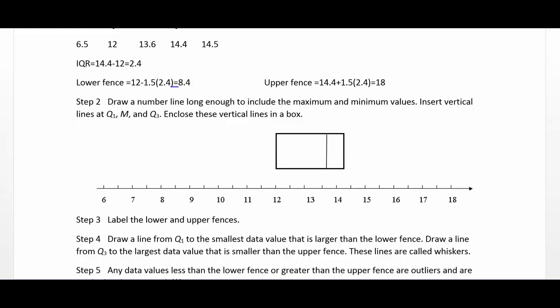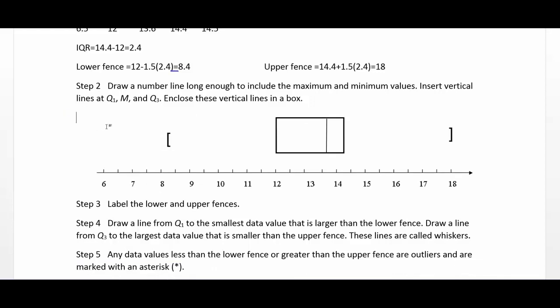And then we're going to label where the upper and lower fences are. Okay, so once we've drawn that in, we're going to use these brackets as a symbol to represent the upper and lower fences.